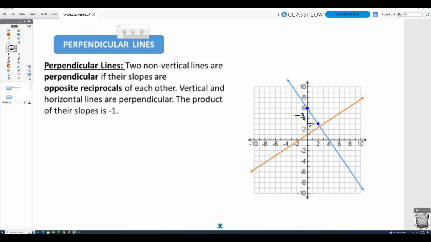The slope of the blue line is -3/2. Down 3 units and 2 units across. While the slope of the red line is 2/3.